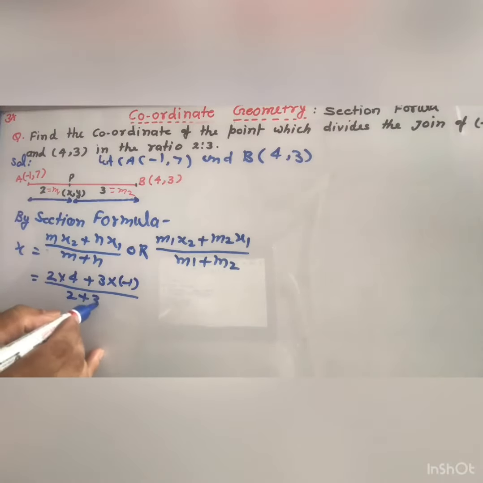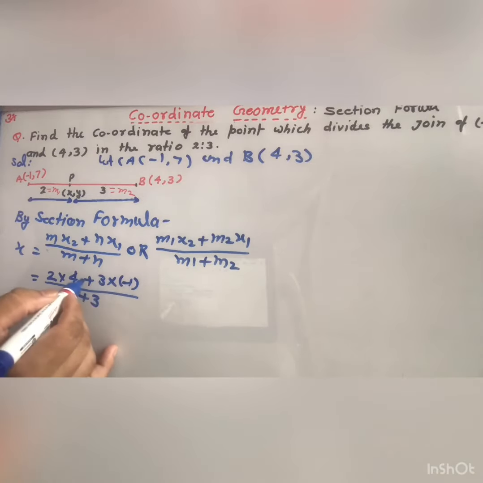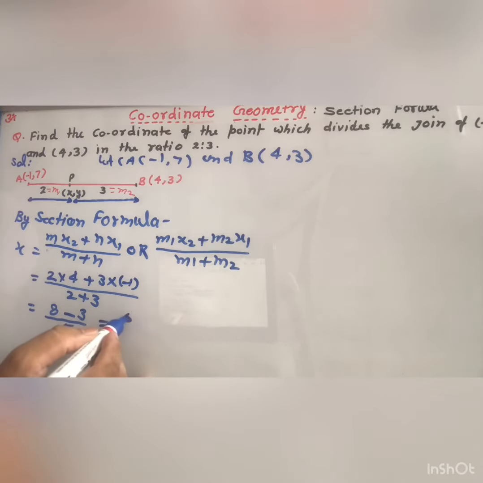So you will write 2 plus 3. What do you get in this case? 2 4s are 8 and 3 1s are 3, that is -3, so 8 plus -3, divided by 2 plus 3, which is 5. So 8 minus 3 means 5 upon 5, and 5 upon 5 is 1. So this is the value of x.